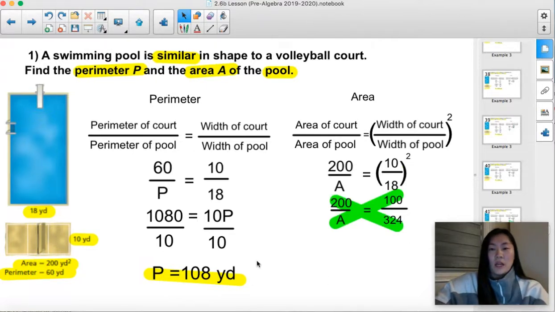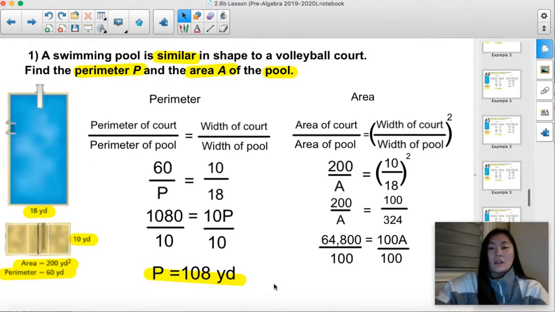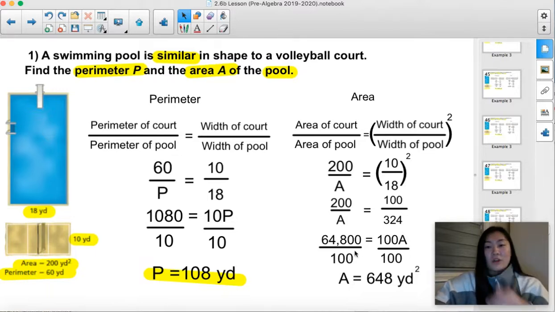We get 100A is equal to 64,800. We divide by 100 on both sides to get A is equal to 648 yards squared. Make sure you write that square. We're talking about area, so we have to square the units. And here we can just cross off the zeros to make it easier for you.